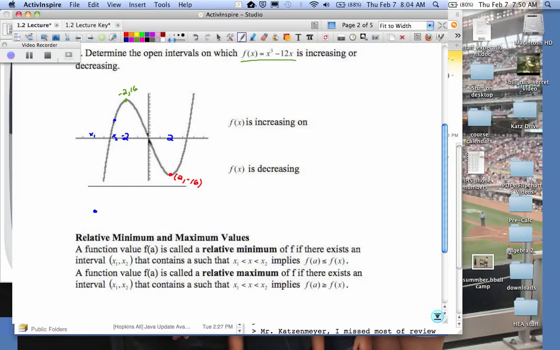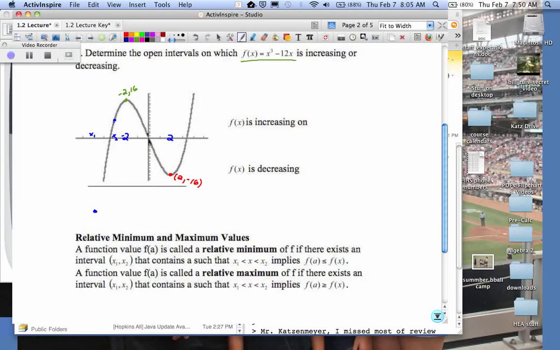So as you go from the first blue dot to the second blue dot, what did it do? It was increasing, right? This is -30, this is 8. So I went from -30 to 8, so the y values increased. So we're going to go all the way up to -2, the graph is going up. So that's an increasing function.